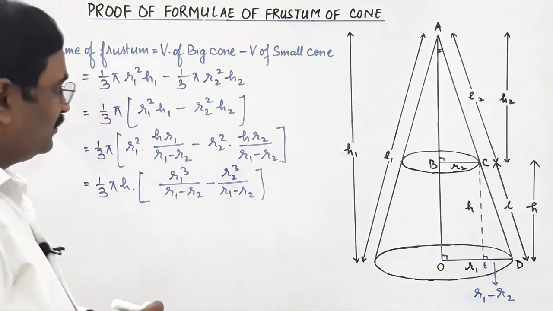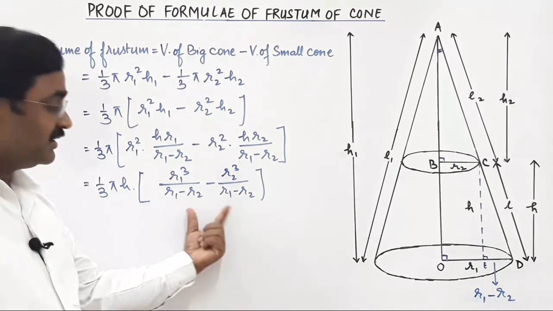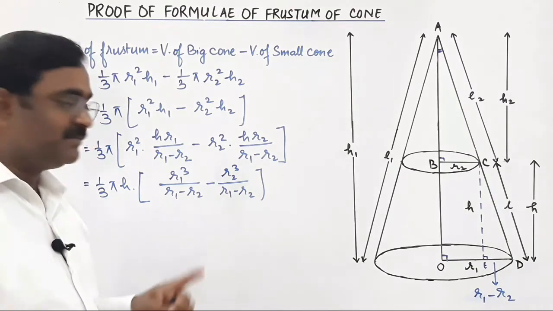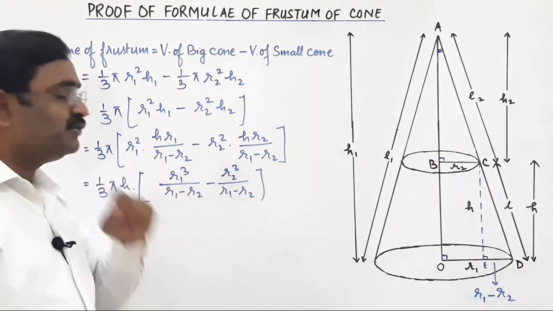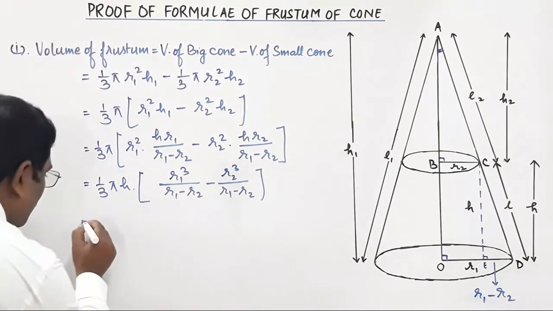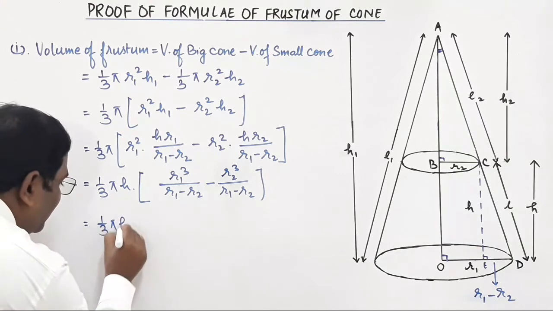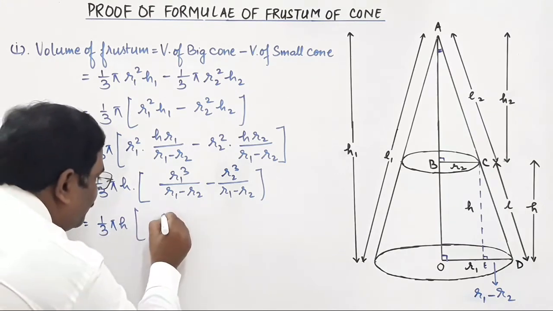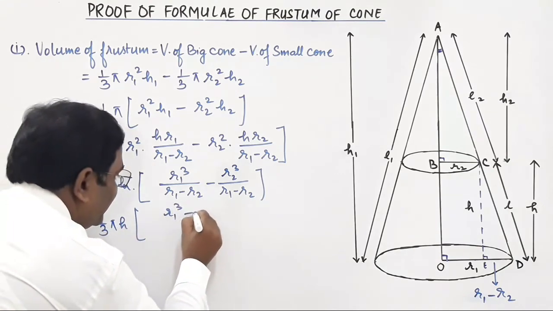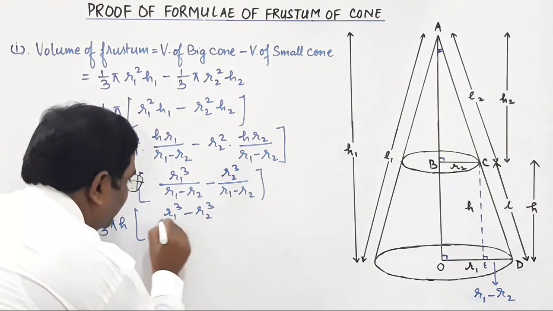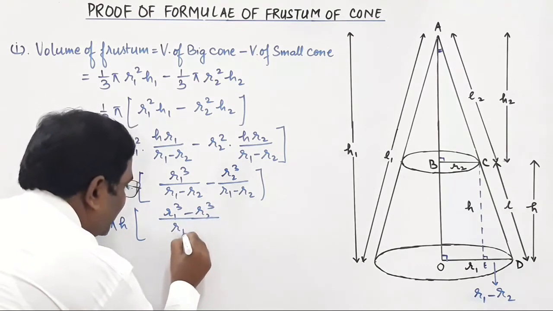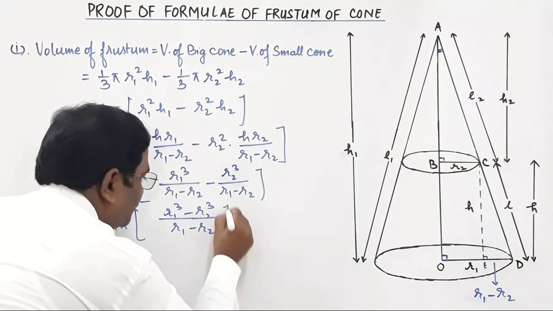Now take the LCM of these two fractions; the denominators are same, so you will get R1 cube minus R2 cube. So 1 upon 3 pi H, R1 cube minus R2 cube divided by R1 minus R2.